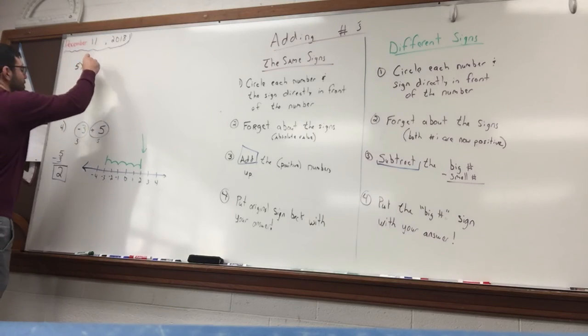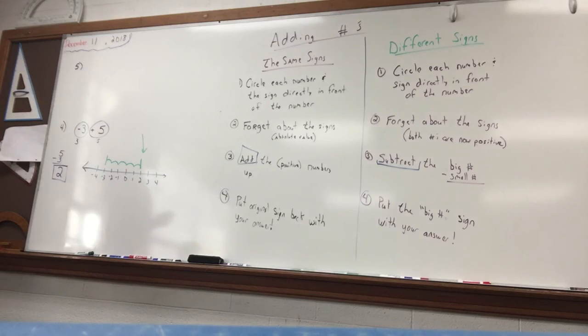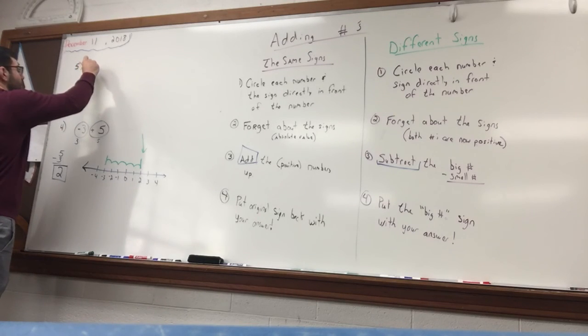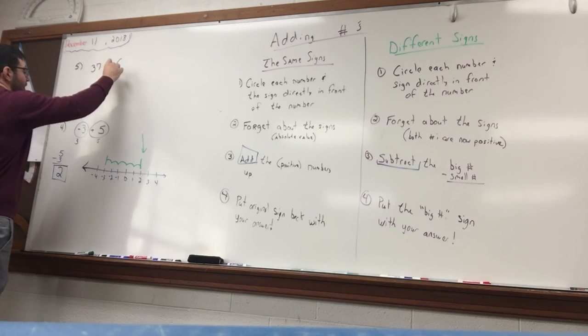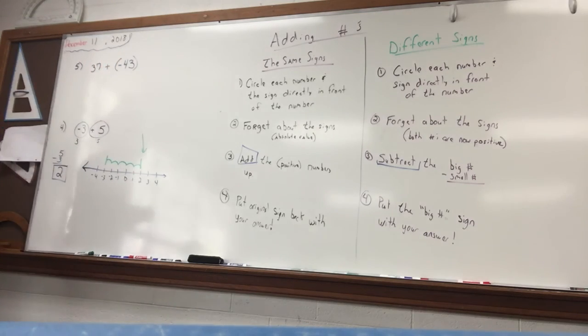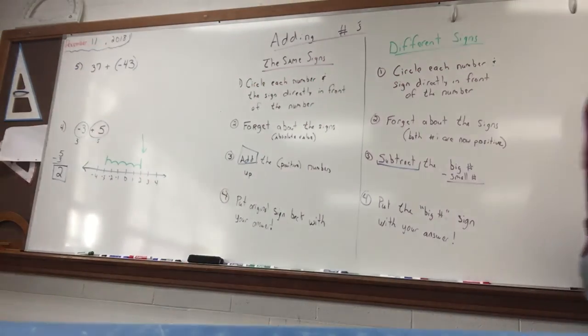Here we go. A little bit trickier because we're not going to be able to use a number line unless you really want to take your time with it. So let's go 37 plus negative 43. Let's see what you got. So circle both, for both, you need to circle.